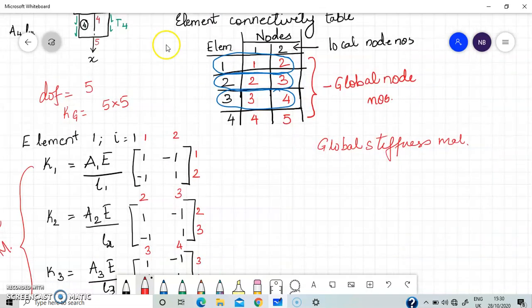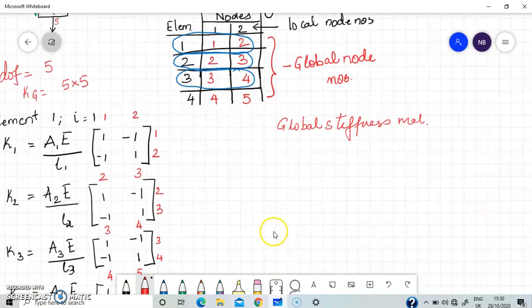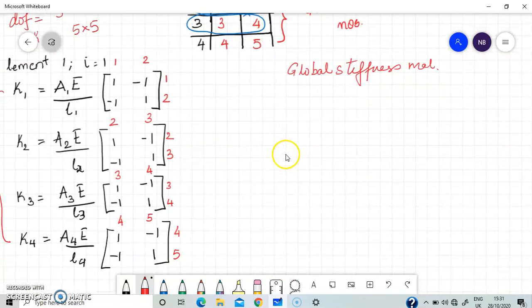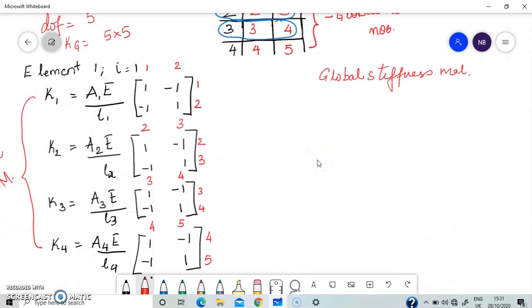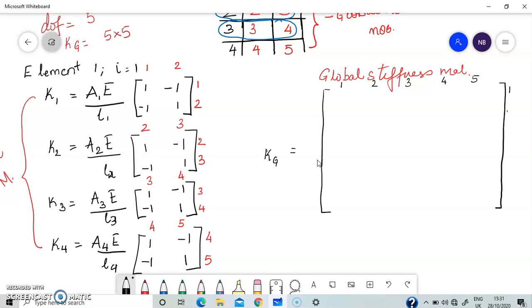Okay, so let us assemble the stiffness matrix now. I'll call it Kg equals to... so these are the degrees of freedom 1, 2, 3, 4, 5.